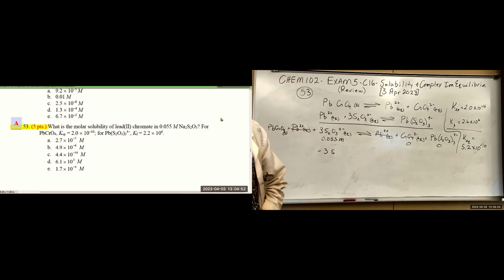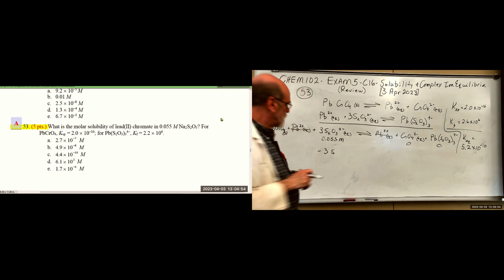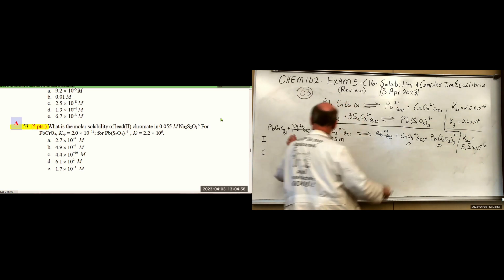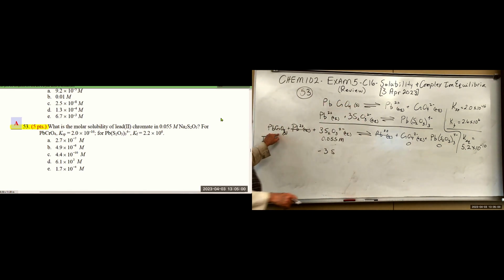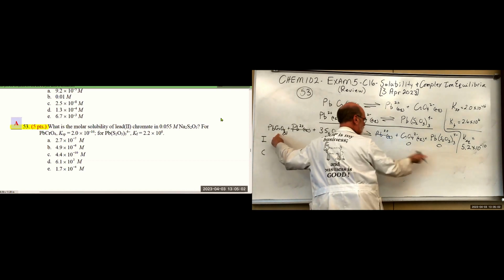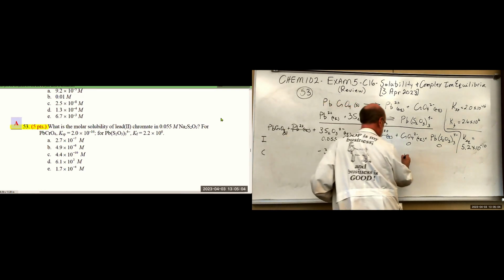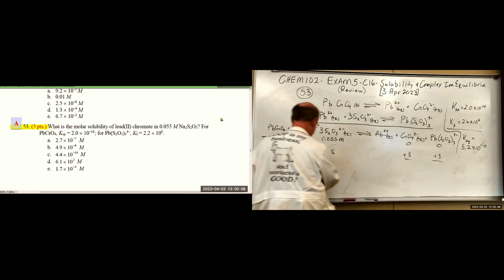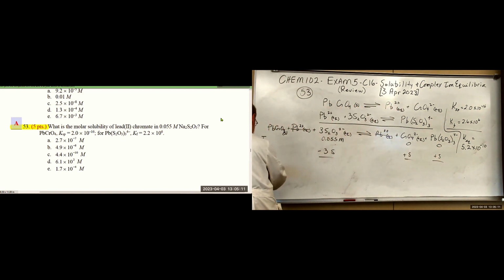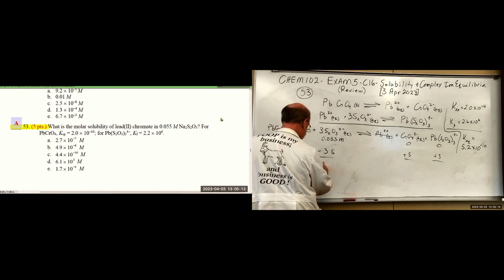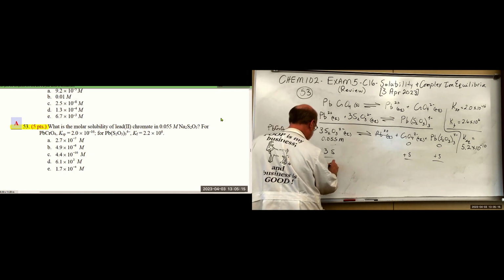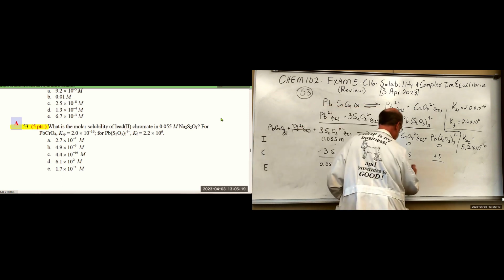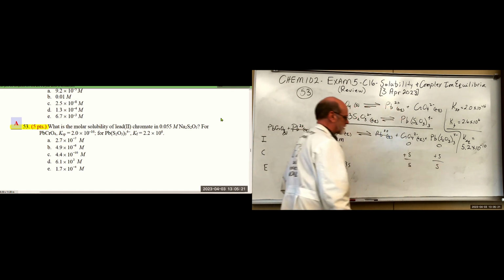Minus 3s. And then one of these is going to show up over here, right? Because for every one of those, you get one of these, plus you get one of those. So we get a plus S here and a plus S there, right? So at equilibrium, we get 0.055 molar minus 3s, and here we get S, here we get S. Okay?